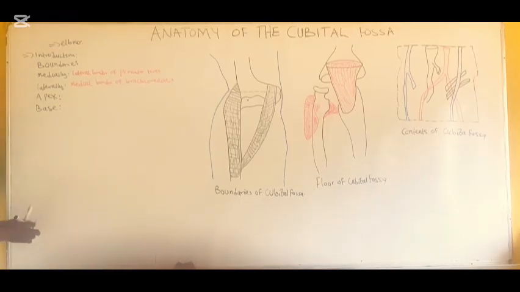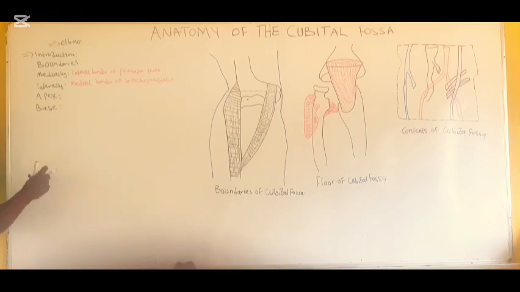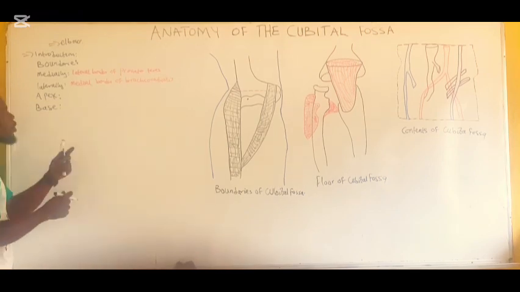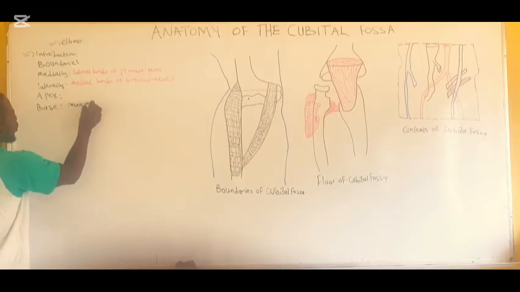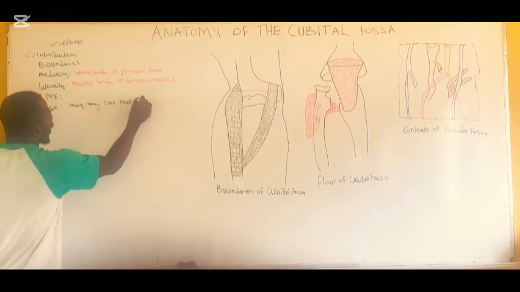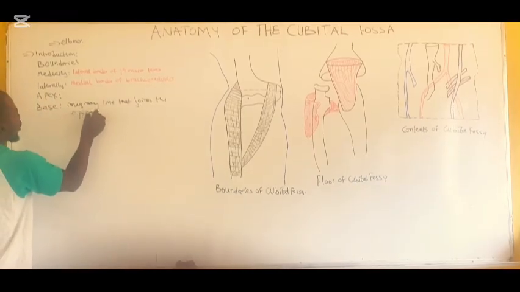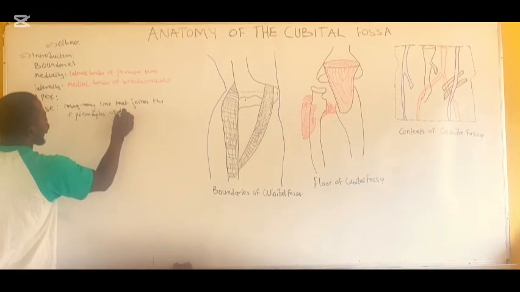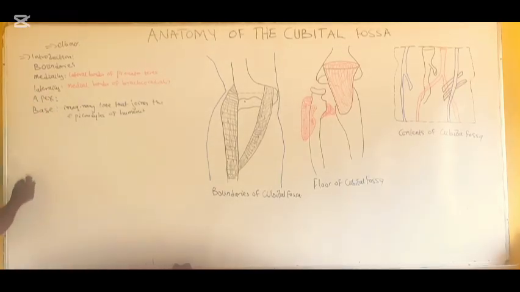The base is directed upward and it is formed by the imaginary line that joins the two epicondyles of the humerus together.